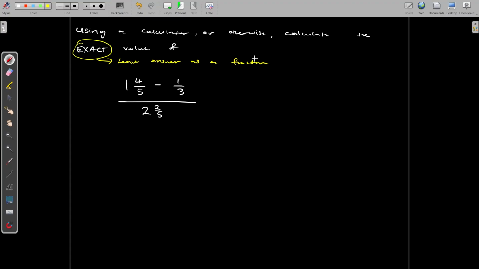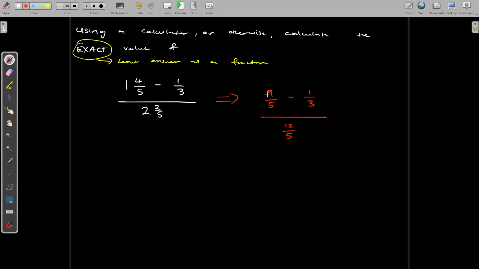Whenever we're doing fractions questions and there are mixed fractions, we need to convert all of them to improper fractions first before we do anything else. So we're rewriting this. What's the numerator? 9 over 5. And 12 over 5.